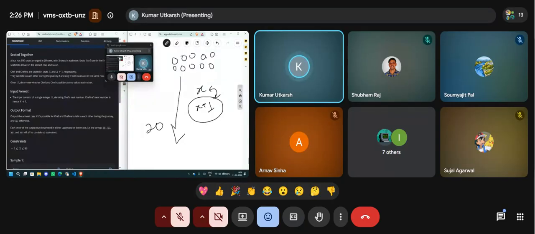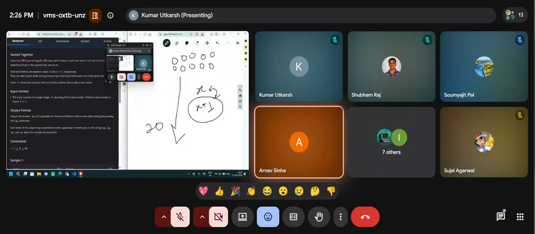Isn't it? So what did you say? In a particular row there are only 5 seats, so if they have to be seated side by side, X should not be a multiple of 5, and then only they could be seated together.